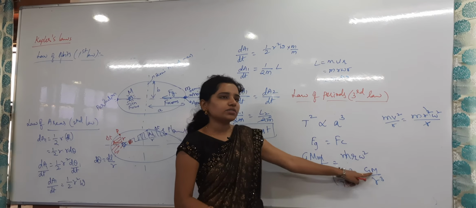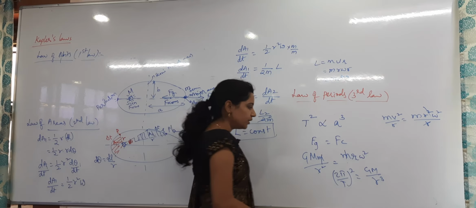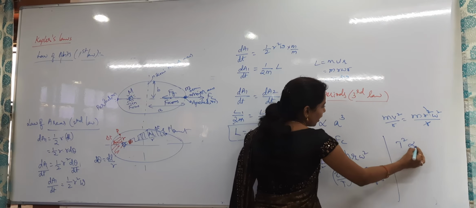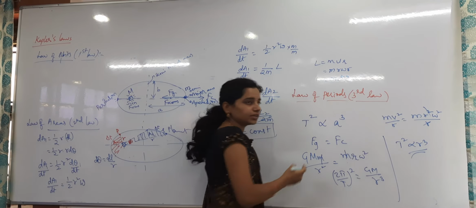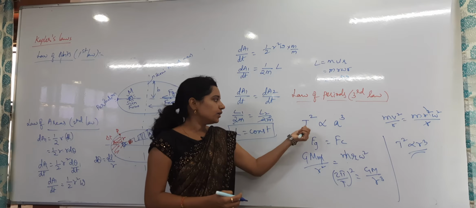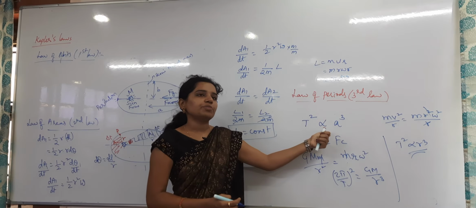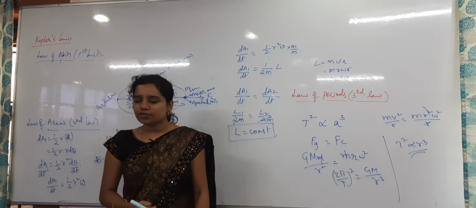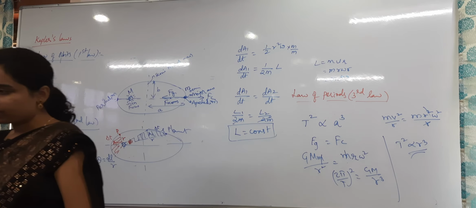Now these are constants. If I take it as a proportionality, then T square is directly proportional to R cube. That is what I said here. So the square of the time period is directly proportional to the cube of the semi-major axis. Clear, right?